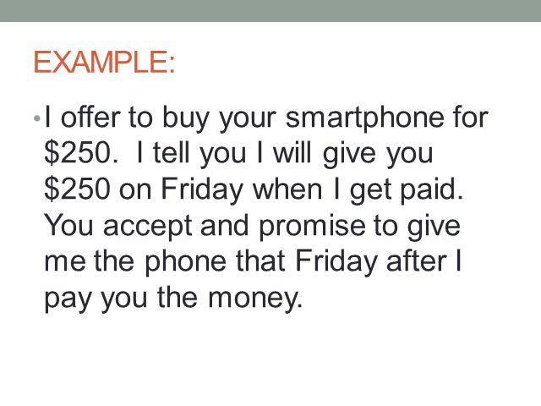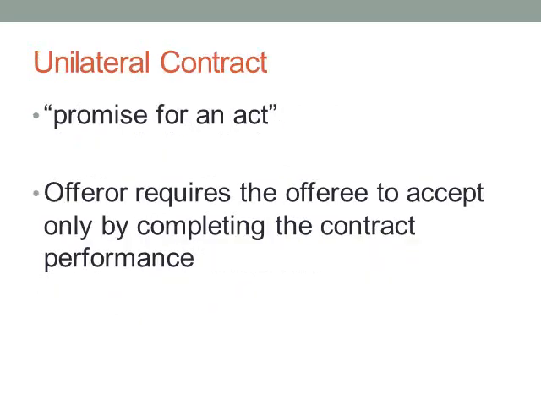So, a unilateral contract is a promise for an act. What does that mean? If the offer is phrased so that the offeree can only accept by completing the contract performance, then we have a unilateral contract.